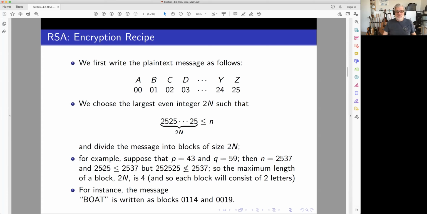Clearly, this is 2525. If I stack another 25 there, it's too big. So 2525 is the biggest number that I can write of this form which is less than or equal to 2537. So this will be the length of my blocks. Blocks will be length 4 for this choice of P and Q.